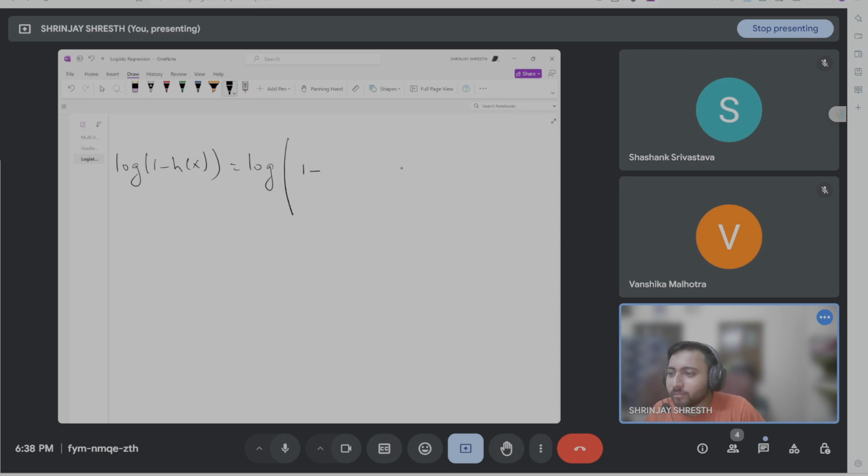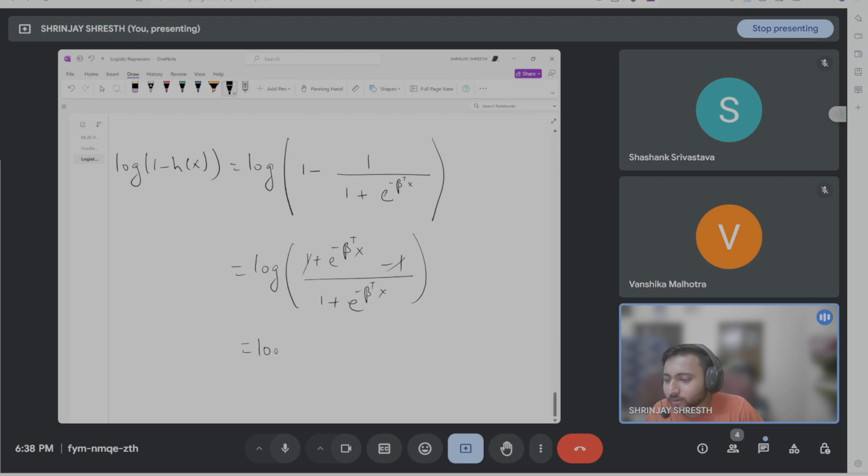Log of 1 minus 1 over 1 plus e raised to the power minus beta transpose x. Take the LCM, you will have log of 1 plus e raised to the power minus beta transpose x minus 1, and 1 and 1 cancel.